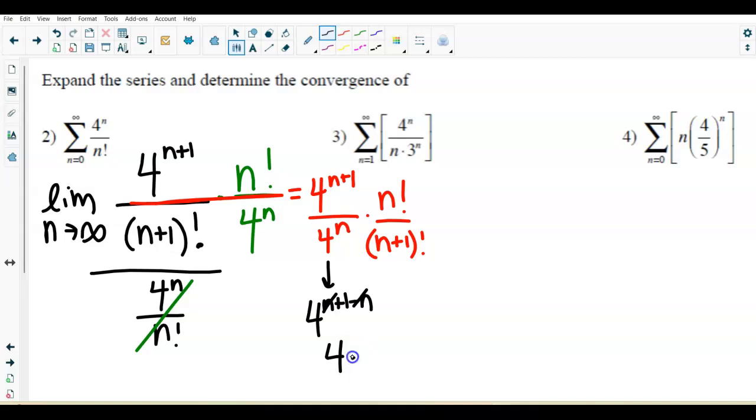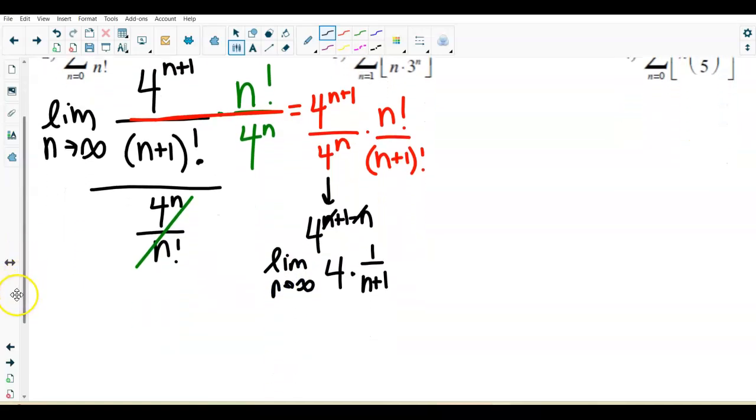We saw in the previous problem that our factorials cancel each other out, and that leaves us with 1 over just the next term. And so as we do the limit, as n approaches infinity, this will now turn into 4 times 1 over infinity, which is 0. So we can see that our limit here is 0.